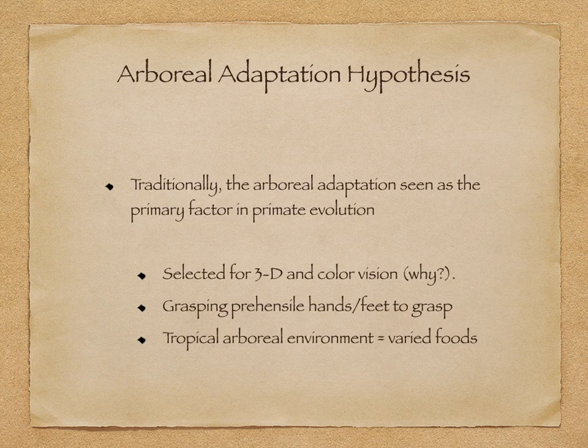There are a couple of evolutionary theories about how primates evolved. One of them is the arboreal adaptation hypothesis, basically saying that the arboreal adaptation is the primary factor. It's selected for 3D and color vision because they had to see through the leaves and see where the branches were.